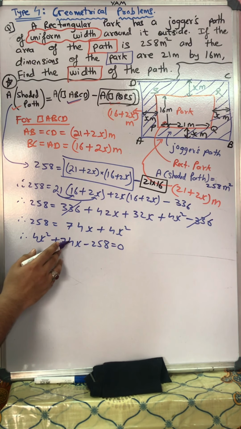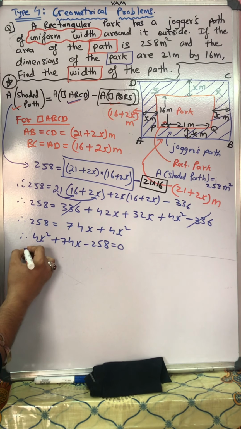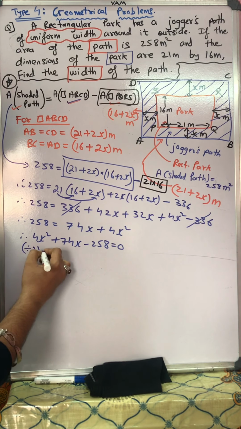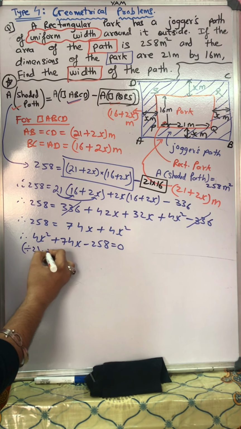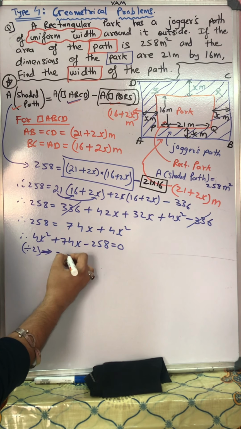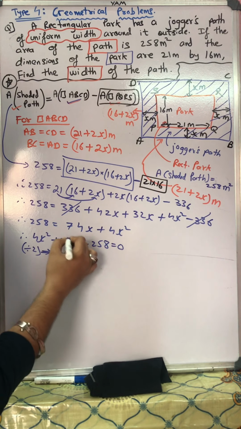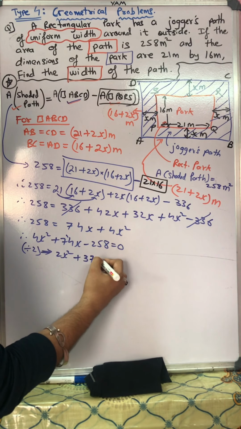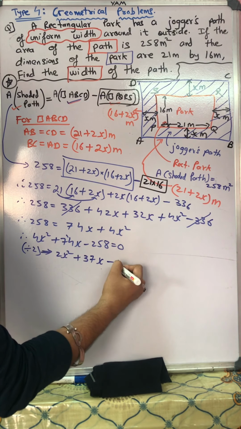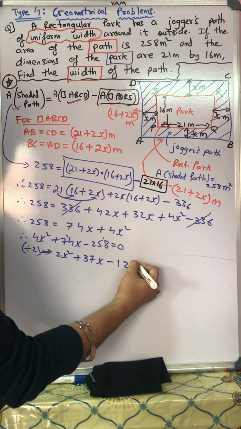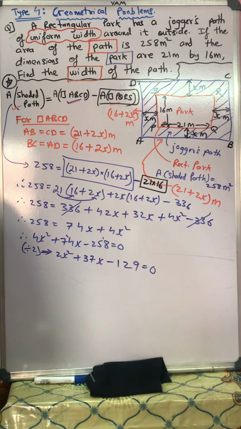No. So now I'll divide by 2 only. It becomes 2x squared plus 37x minus 129 is equal to 0. So I have my quadratic.